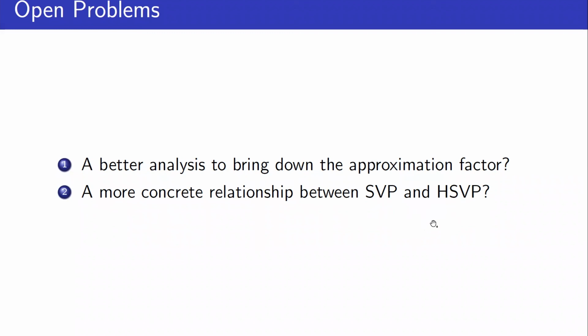On the other hand, there are reductions from SVP to HSVP and from HSVP to SVP, but these reductions do not preserve the approximation factor. In this sense, it shows that we don't have a good enough understanding of the relationship between these two problems.